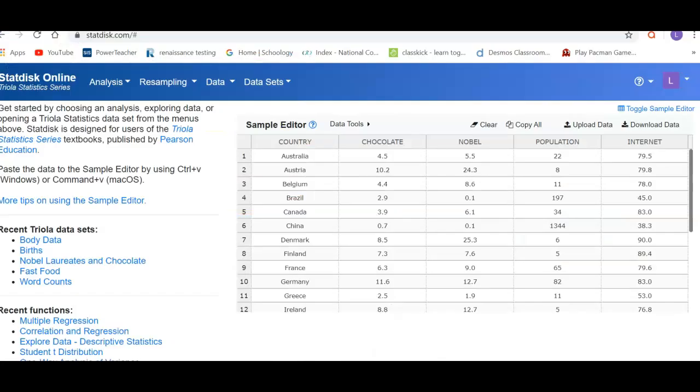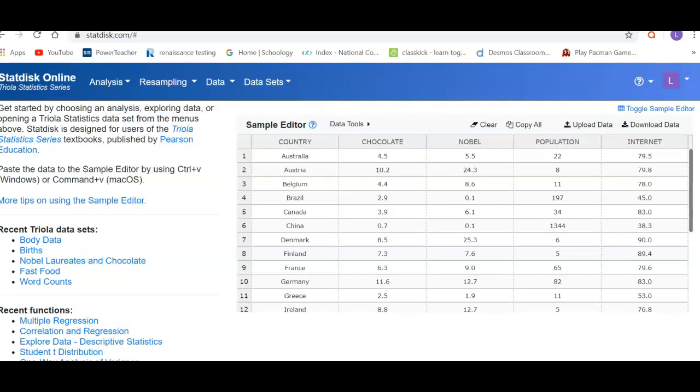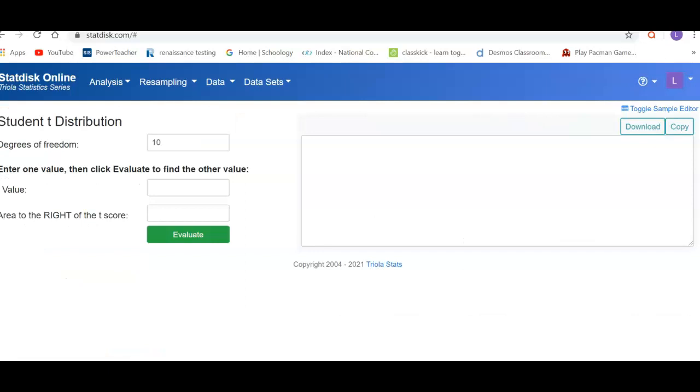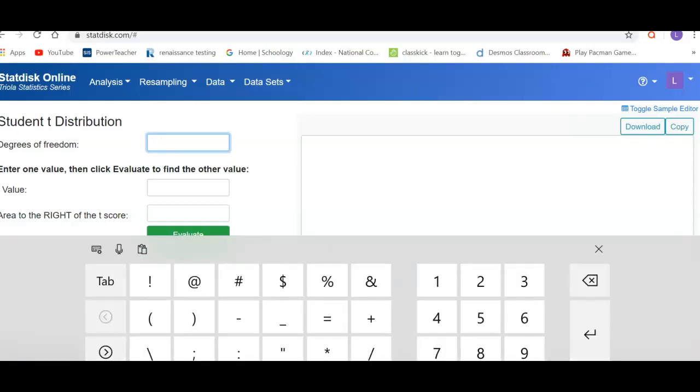I was thinking I should probably show you how we found that t-value. So on StatDisk, remember you go to analysis, probability distribution, and your student t distribution. Degrees of freedom was 21. And the value to the right was 0.025.